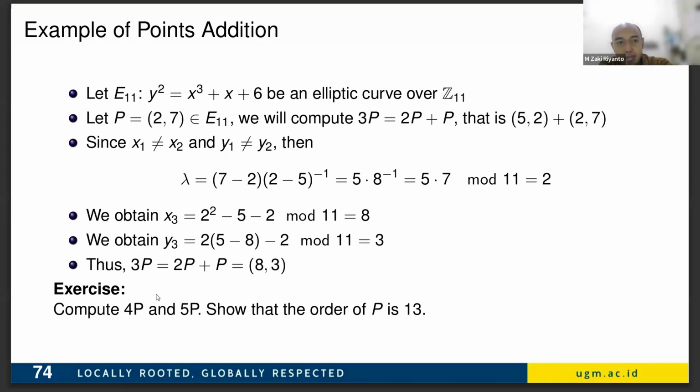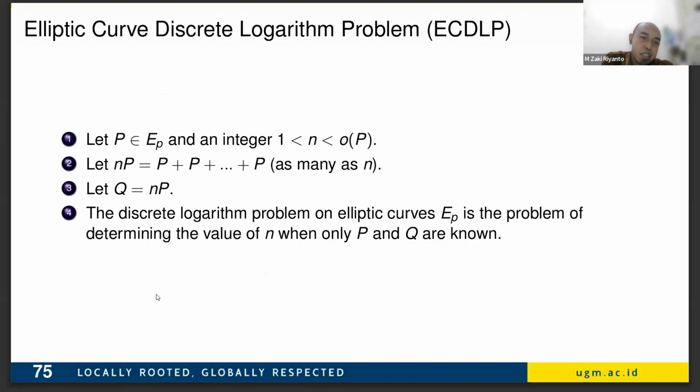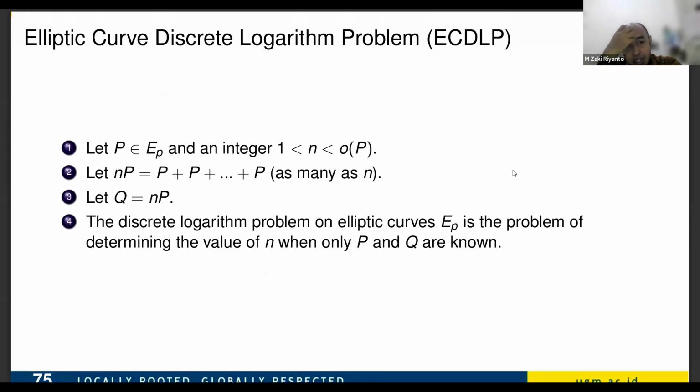And now the elliptic curve discrete logarithm problem. Let P be a point on E and n an integer between 1 and the order of P. Let nP be P plus P, n times, and let Q be equal to nP.